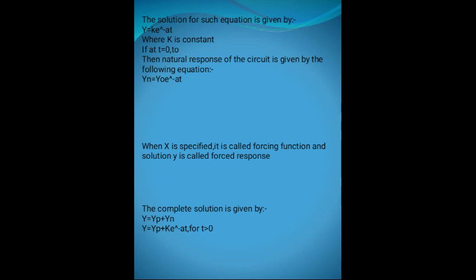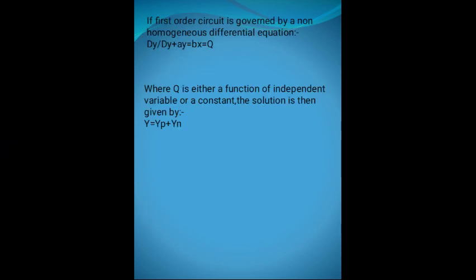The complete solution is given by y = yp + yn, where yn is the natural response, that is k e^(-at) for t greater than 0. If a first order circuit is governed by a non-homogeneous differential equation, that is dy/dt + ay = bx = q, where q is either a function of the independent variable or a constant, the solution is then given by y = yp + yn.